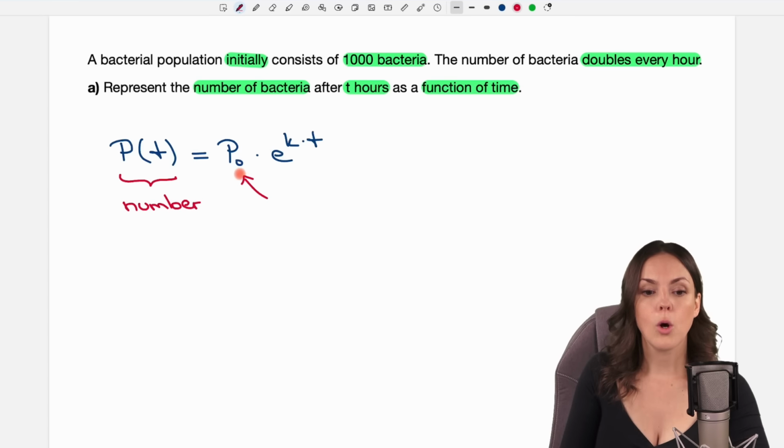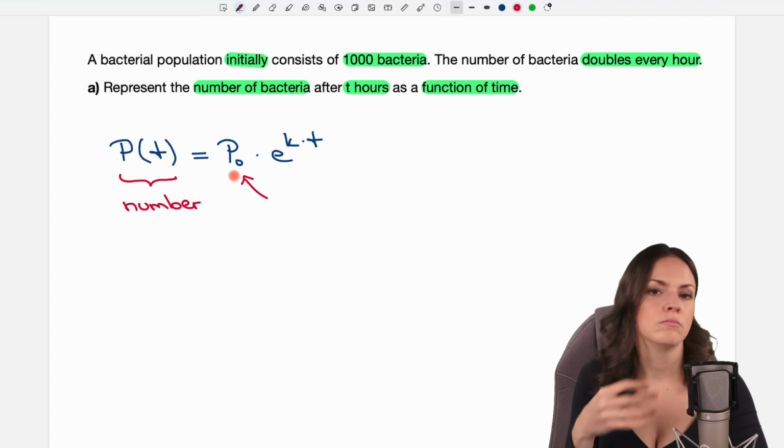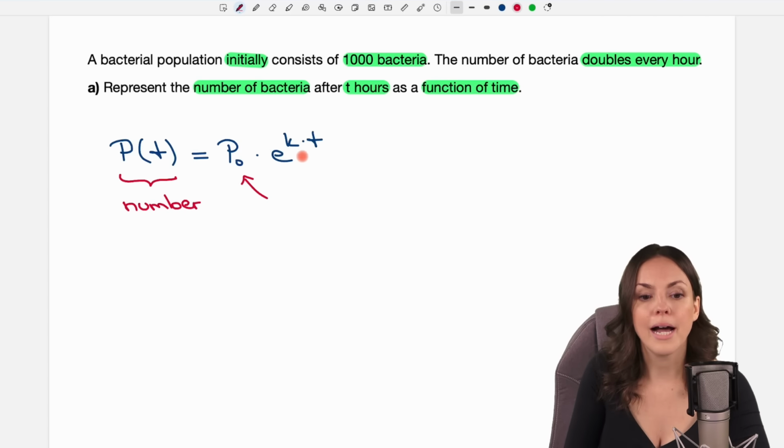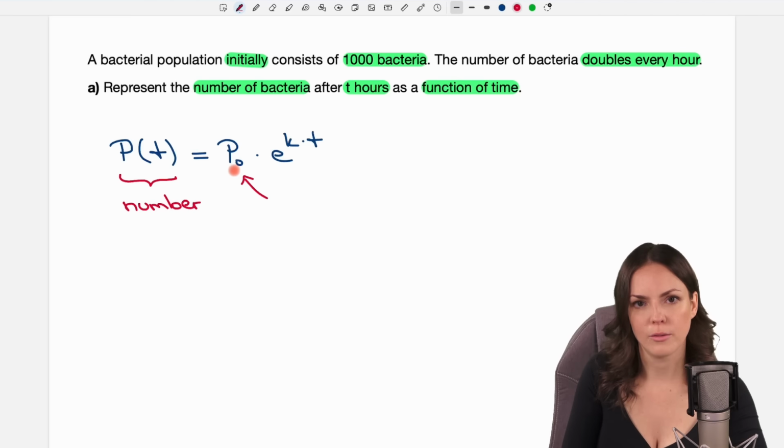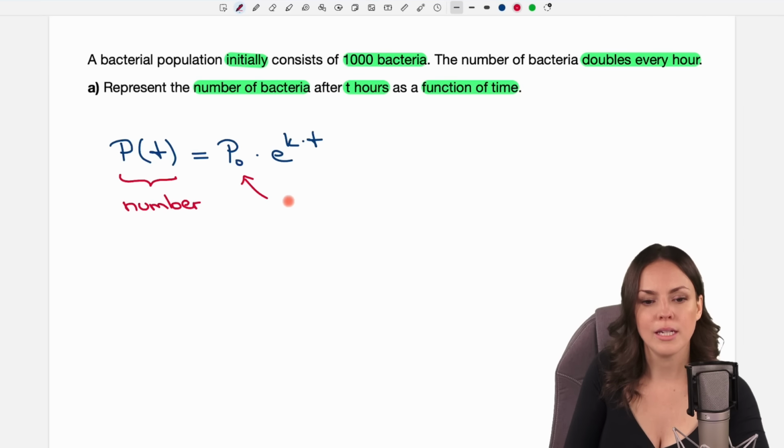P0 is always the initial number or initial amount of what we're looking for. If we're counting the bacteria here, then this is the initial amount of our bacteria. So here they tell us that we start with 1,000 bacteria. So this is our P0, our initial value.